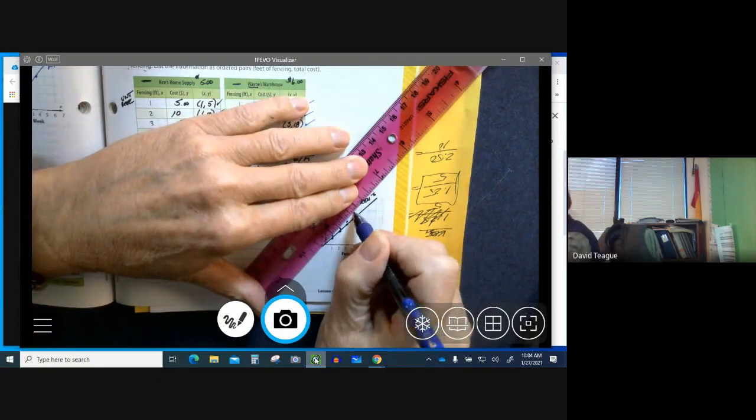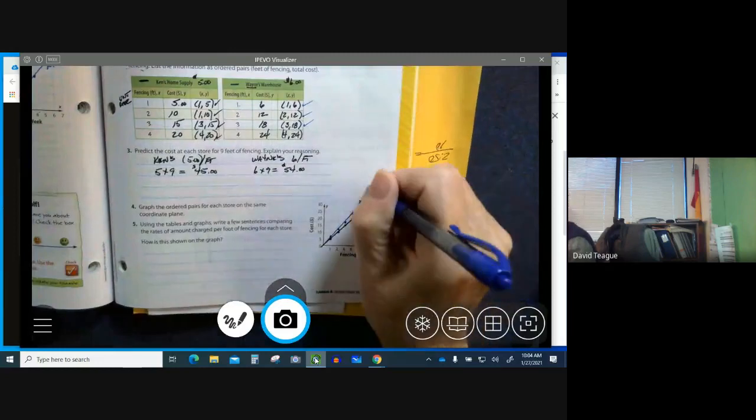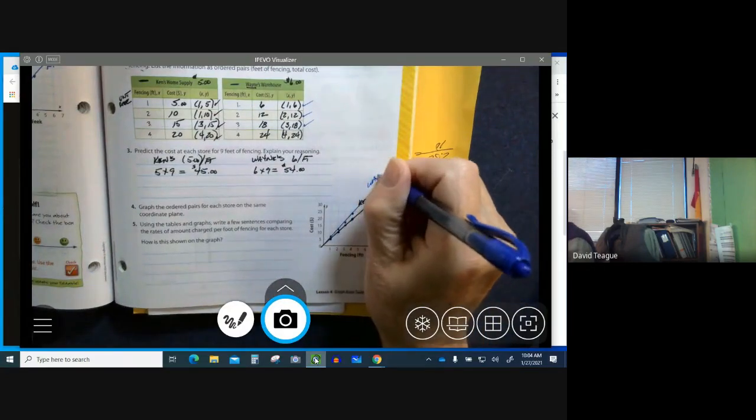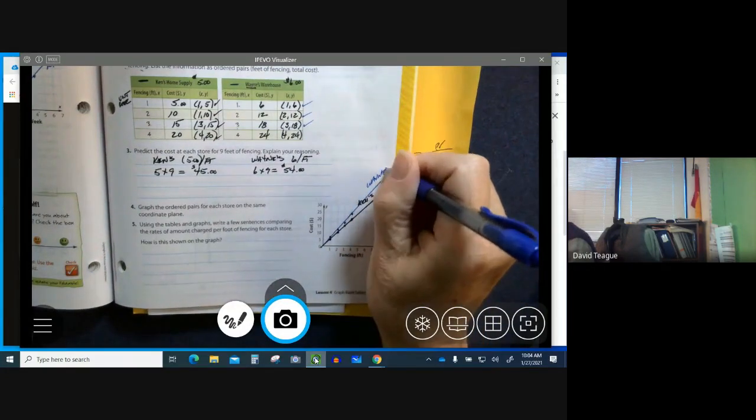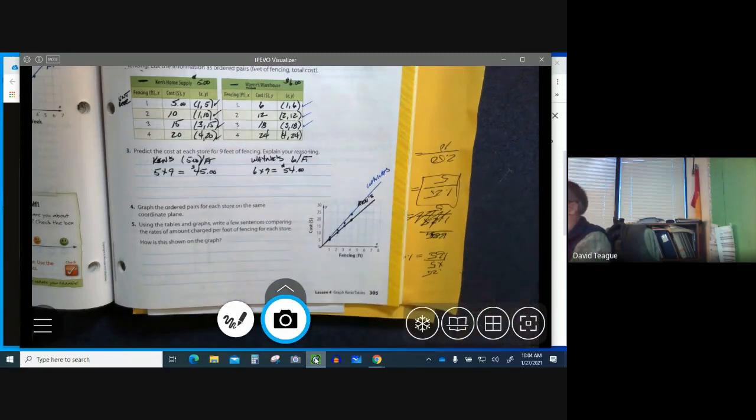Put it at the origin. Okay, so this is Wayne. Okay, so we have 2 very different lines. That tells us something about our data.